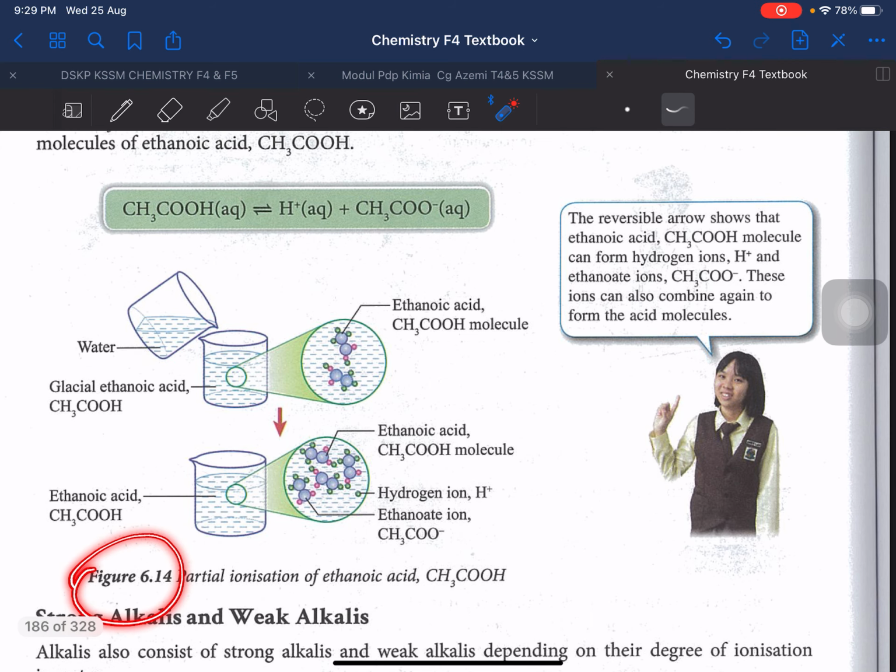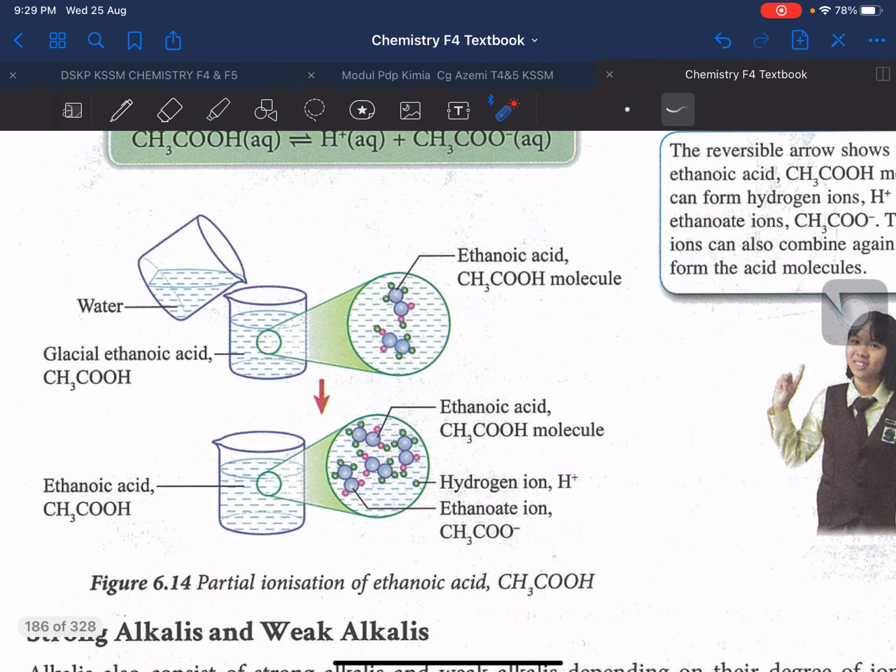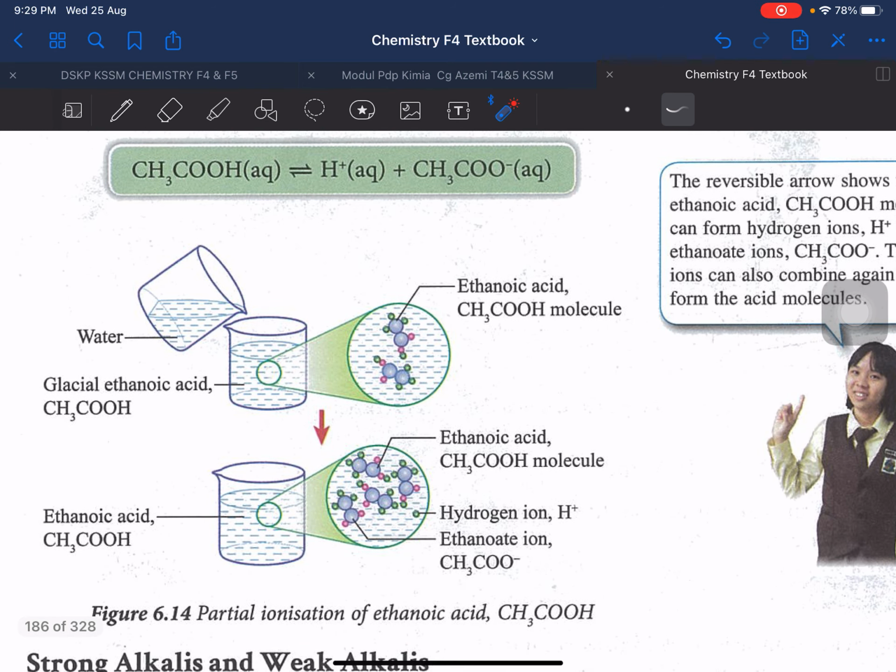Look at the figure 6.14 here. Partial ionization of ethanoic acid. Now, this is glacial ethanoic acid. Glacial maksudnya dia macam, you know what is glacial kan? Macam beku, okay?